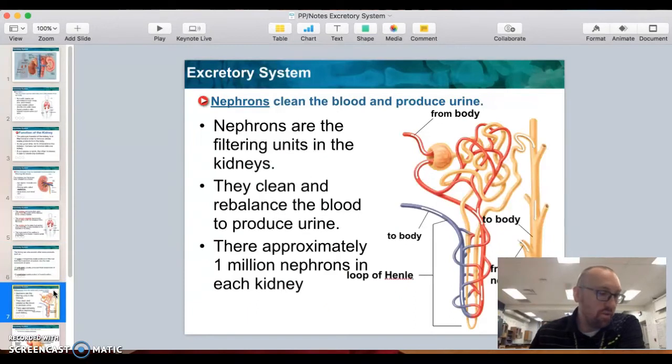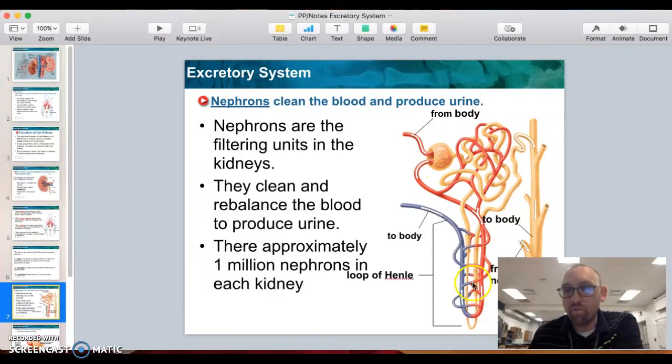All right, so number 5, this is a closer look at a nephron. Nephrons are the filtering units. The arteries bring the blood in, and you can see, like with the lungs and the alveoli, you get down to very, very small blood vessels. Why? Because in very small blood vessels, you only have one cell, so it's very easy for stuff to diffuse across that really thin membrane.